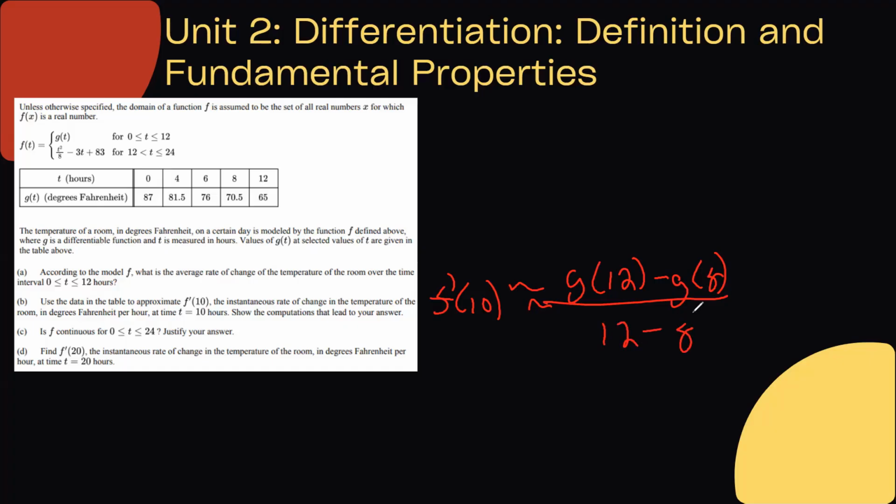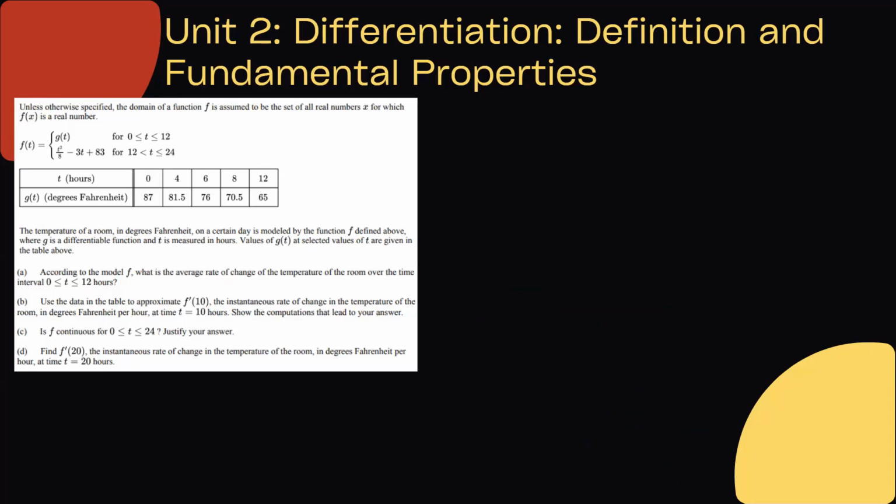Since we don't know the value at 10 exactly and we don't have the function, the best we can do is pick the two values closest to t equals 10 and compute the slope. This would be 65 minus 70.5 all over 4, or negative 5.5 over 4 degrees Fahrenheit per hour.